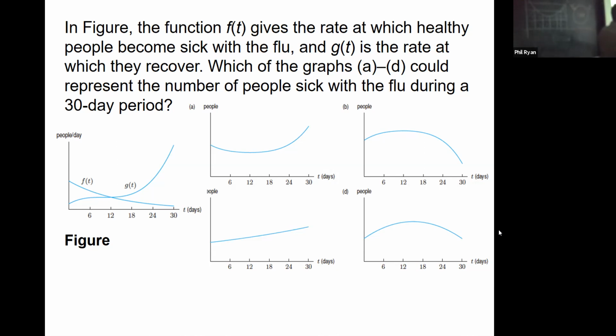So in this period here, what can you tell me about the graph of the people being sick? Is it increasing or decreasing? It's increasing, because F is bigger than G. What's happening at this point?